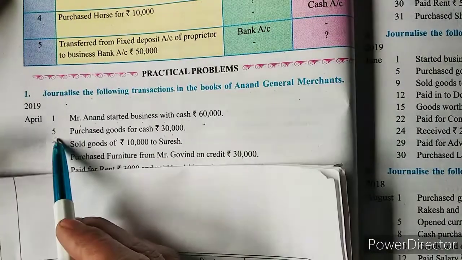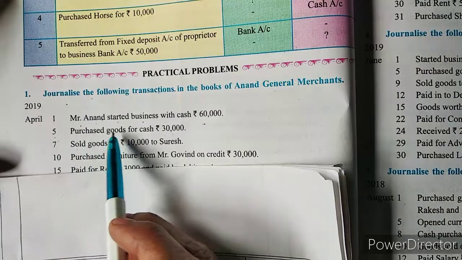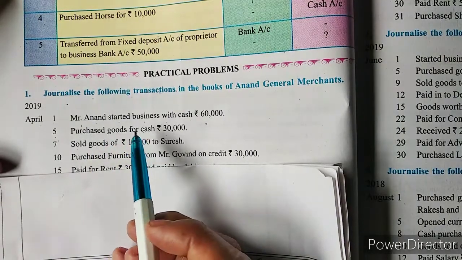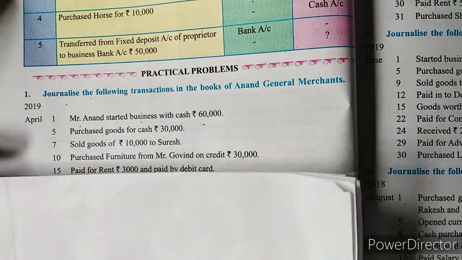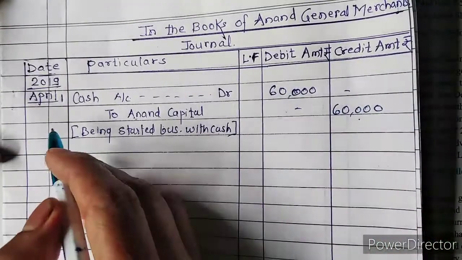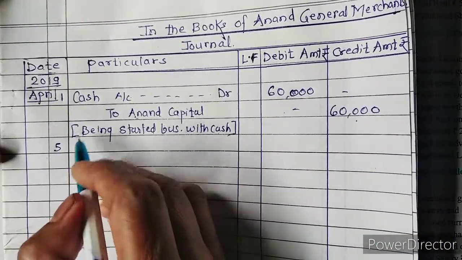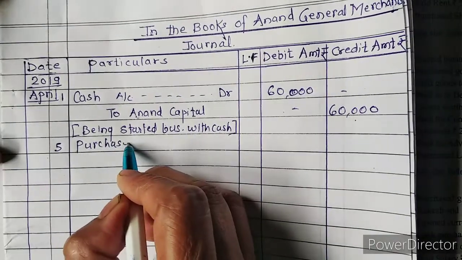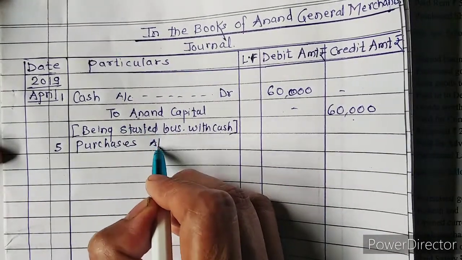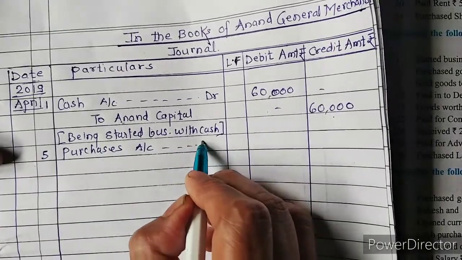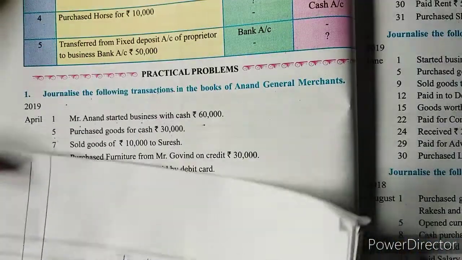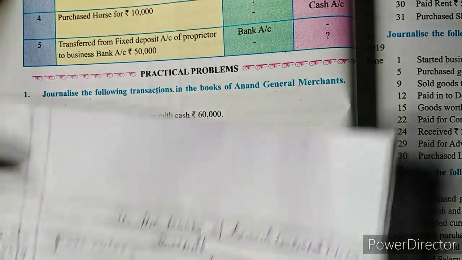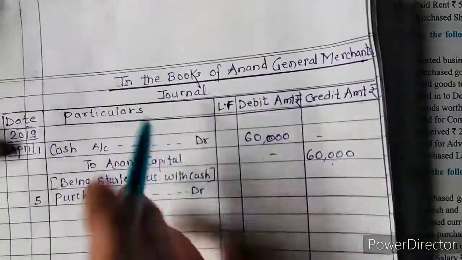Now on 5th April, purchase goods for cash. Here goods are purchased on 5th April. So purchases account debit and the amount of goods is 30,000 for cash.